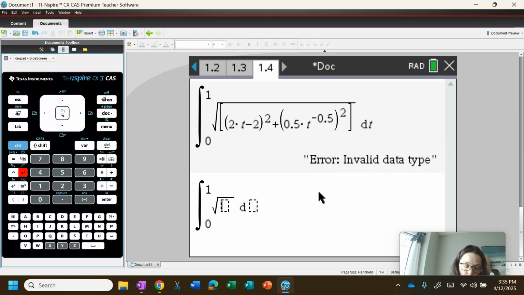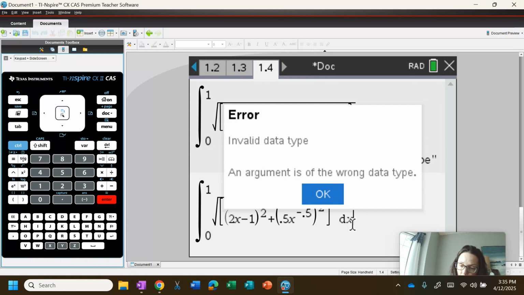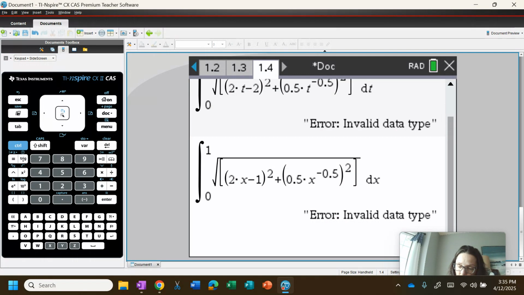Again, I do not know what's wrong with it. 2x minus 2 squared plus 1/2 x to the negative 1/2 squared dx. An argument is of the wrong data type. I seriously do not know what's wrong with it.